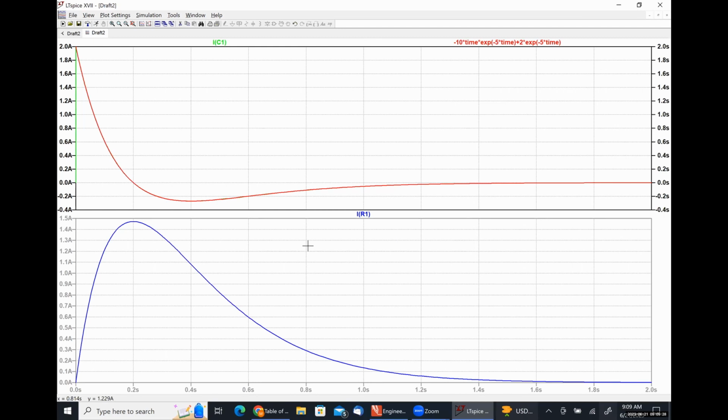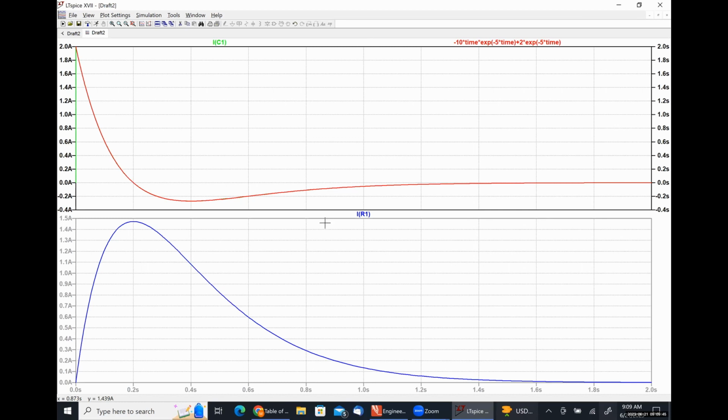And so what just happened is that my red curve here, which is our analytical solution, completely overlaps the green curve from our simulation, which means we analyzed the circuit correctly.